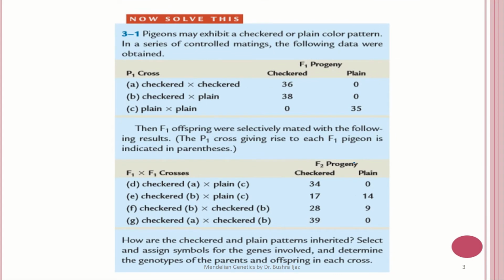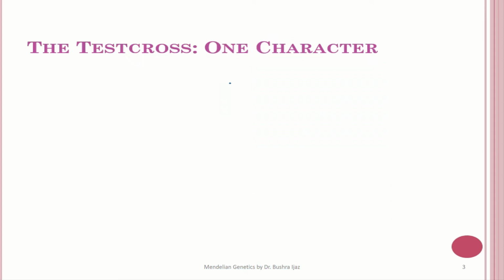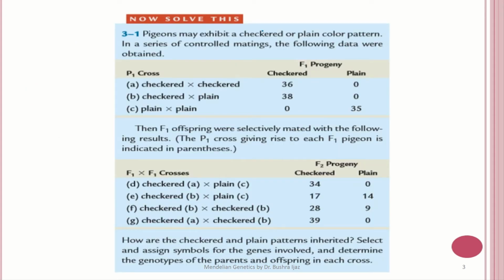There is a problem I'm going to discuss with you, and this is sort of your assignment, you can say. You have to solve it on your own. You have to make a Punnett square for each and every cross. Let us discuss it. These are the crosses given for pigeons, and they exist in checkered or plain color patterns.